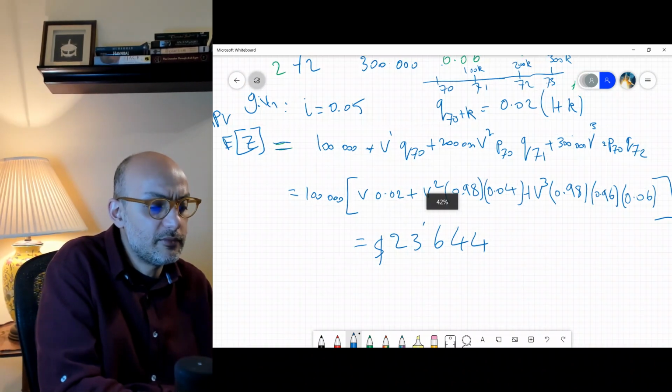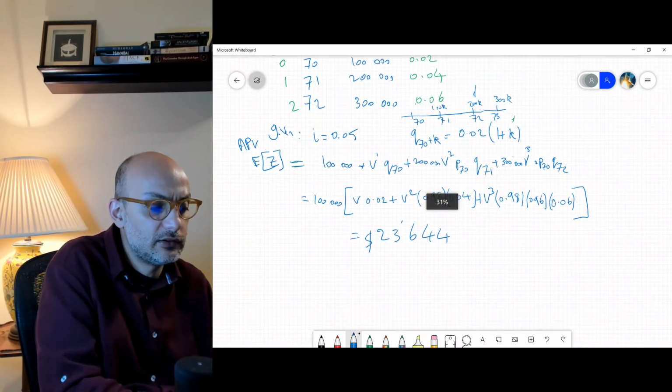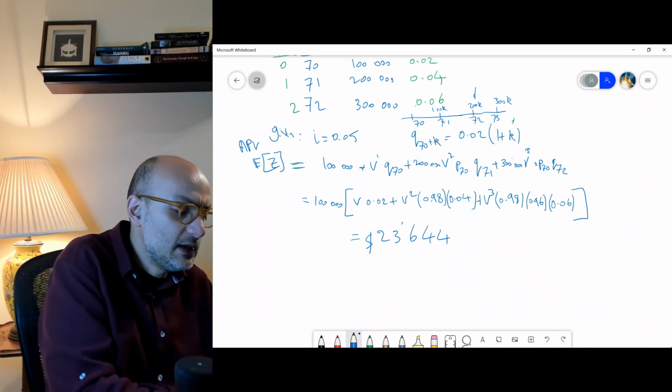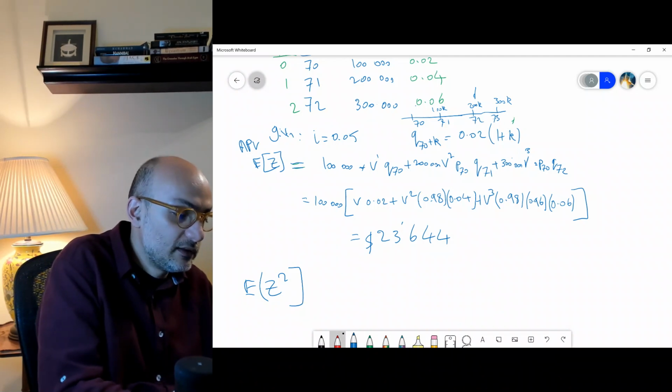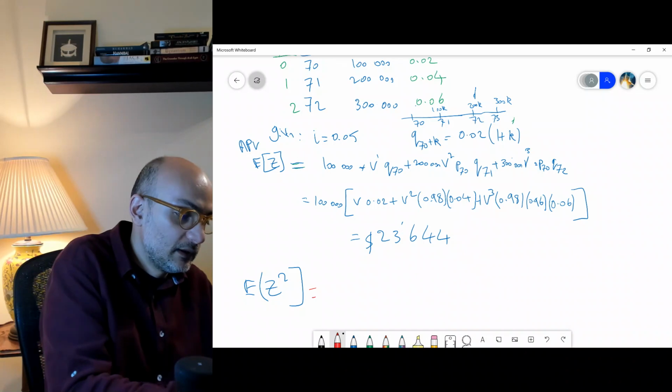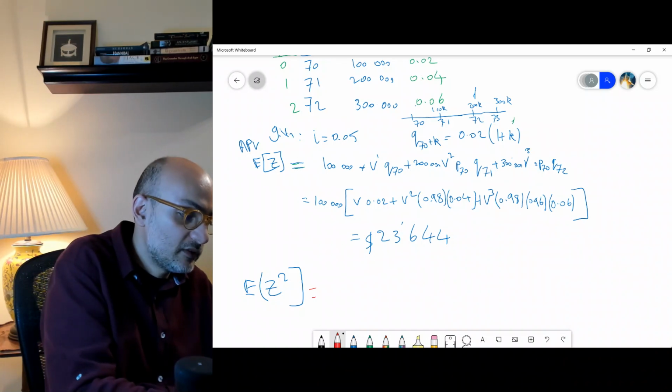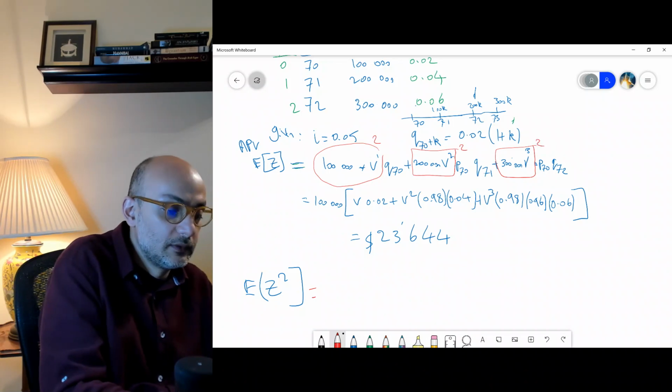So really sometimes you don't need to complicate it and use the notation. You might be asked what is the expected value of Z², the second moment. It's the same thing here, except you raise these terms to the power of 2, right?